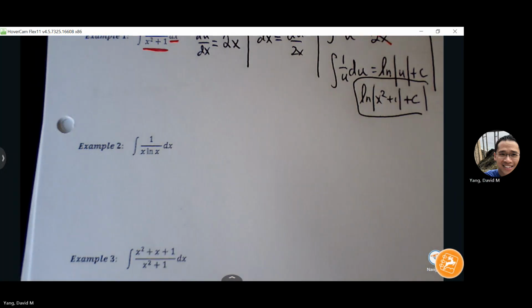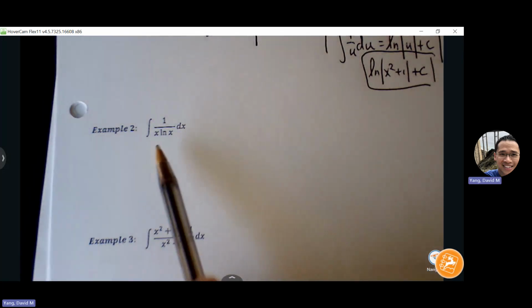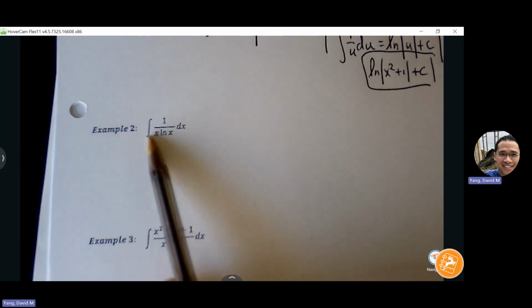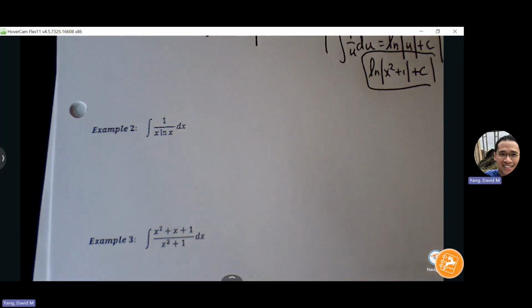If we want to pick a u value, maybe we have 3 options here, okay? It could be just the x. It could be just natural log of x. It could be x natural log of x. What do you think could be a u value that could end up with the puzzle pieces fitting later on?